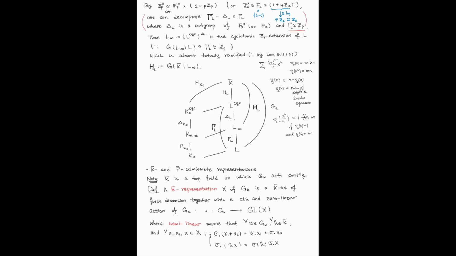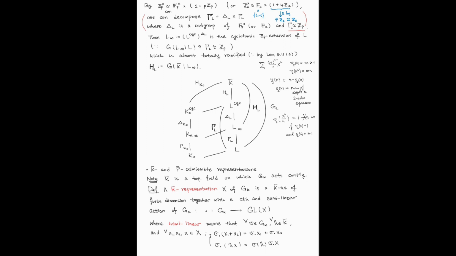And we know that there is a canonical isomorphism, like the first line. So one can decompose the group Gamma_L into Delta_L times Gamma_L, where Delta_L is a subgroup of F_p cross, or F_2, and Gamma_L is isomorphic to Z_p.